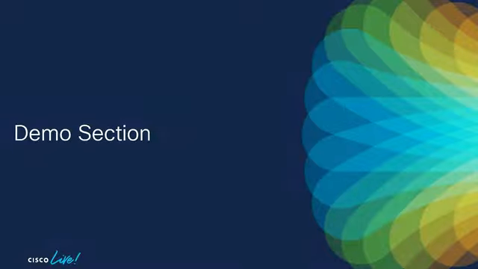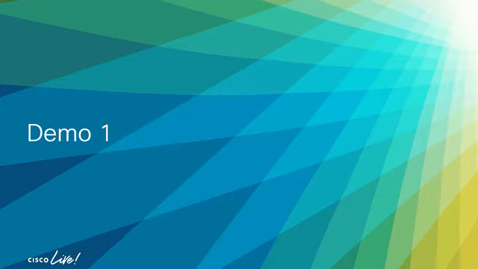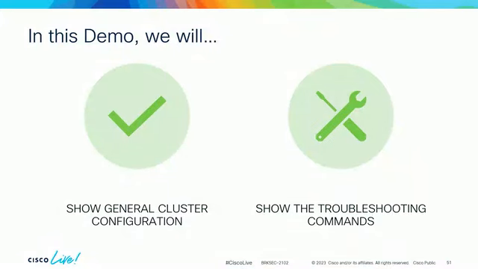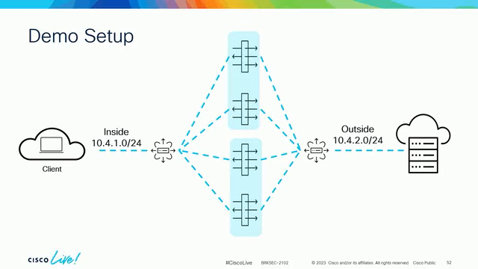Now we have arrived at my favorite part, which is the demo section. In the first part, I will show you the general cluster configuration and the troubleshooting commands. This is what I have in the lab. I have 2 Firepower 9300s. Each Firepower has 2 security modules, and I'm running Secure Firewall Threat Defense in each security module.